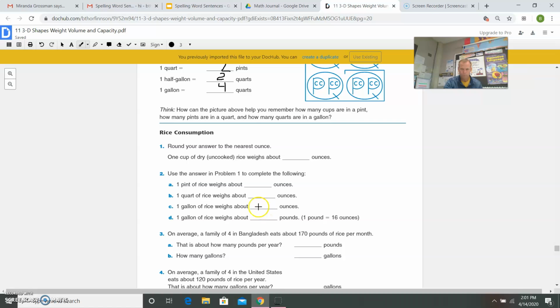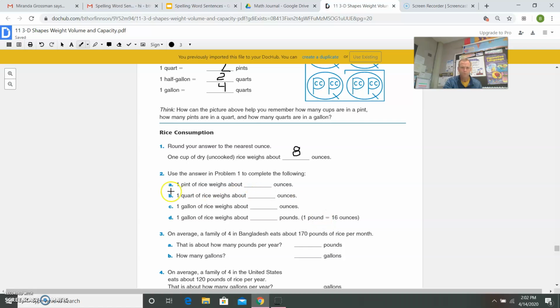Okay, so let's come down here. It says round your answers to the nearest ounce. 1 cup of dry uncooked rice weighs about how many ounces? For you to be able to answer question 2, and we're not going to worry about the bottom, we're going to worry about this. For you to answer that, I'm going to give you this one. 1 cup of dry uncooked rice weighs about 8 ounces.